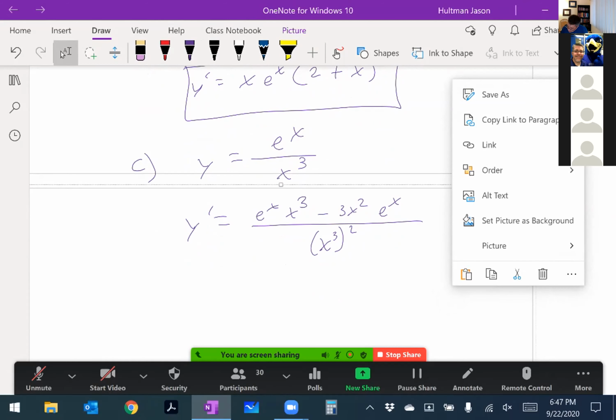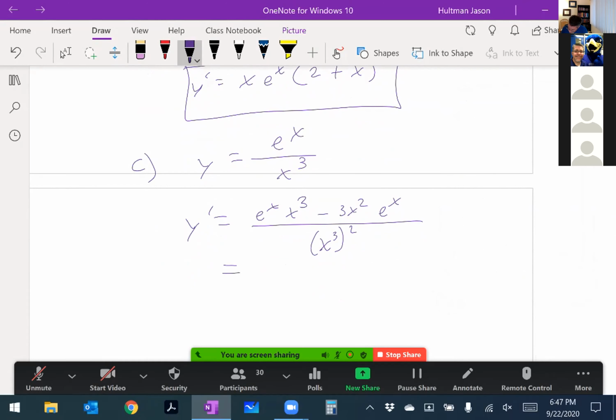So now let's clean this up and simplify. I could factor out an e to the x and an x squared. So e to the x times x squared times, there's an x left over in the first one and a 3 left over in the second one, so x minus 3, all over x to the 6th.